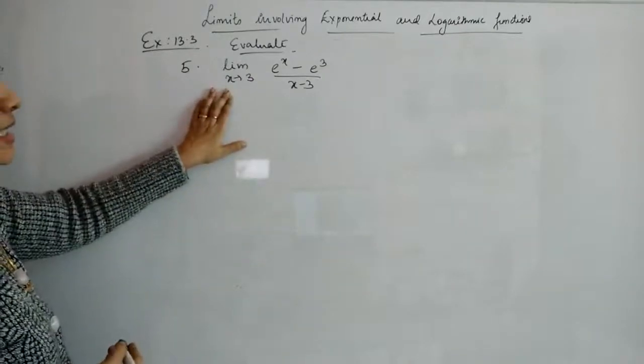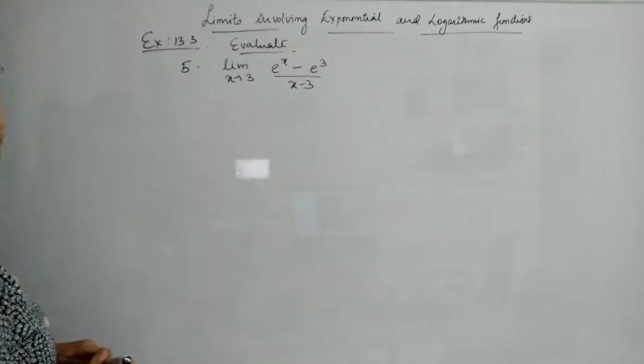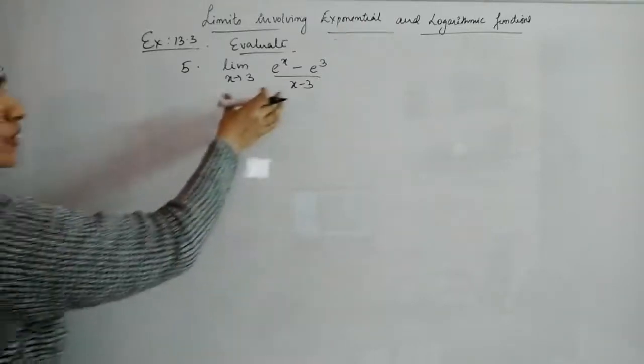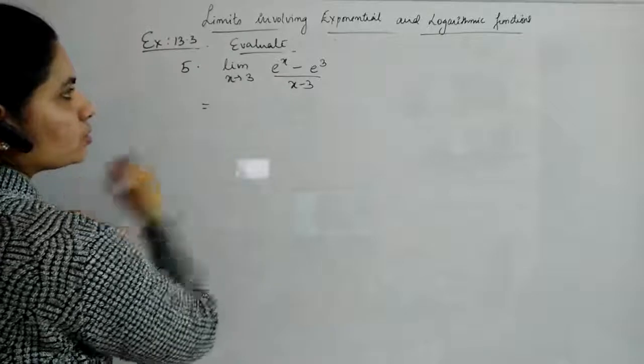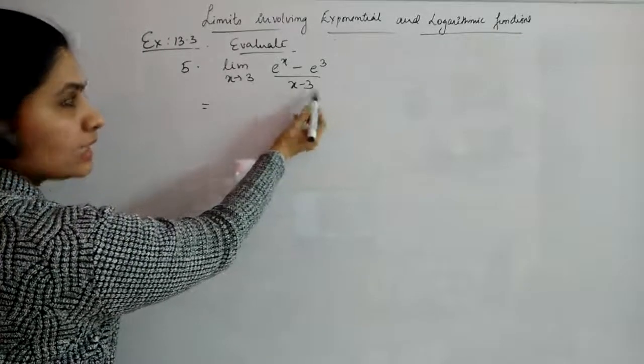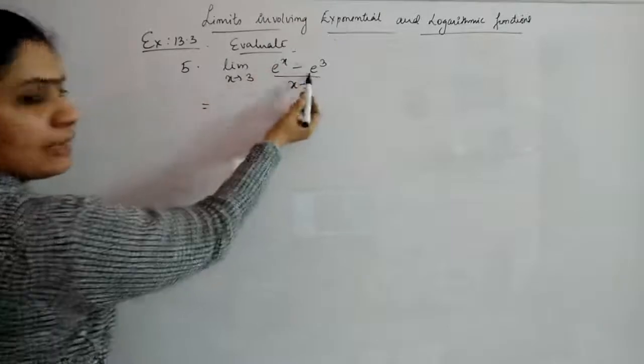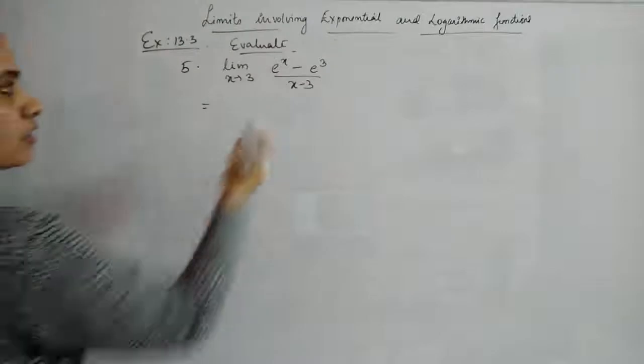Next question is limit x tends to 3, (e raised to x minus e raised to 3) divided by x minus 3. You have to evaluate the value of this limit. For that, again here you have x minus 3 in the denominator. We cannot delete that. So we can change this by taking out e raised to 3 from the numerator.